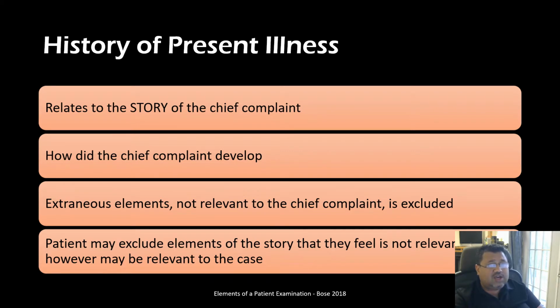This is where you may need to interrupt, or prompt the patient to bring them back on track from the point of digression. And number four, in some cases, patients may be confused. If they're confused, then you might want to prompt them. Otherwise, allow the patient to state their condition in their own words.